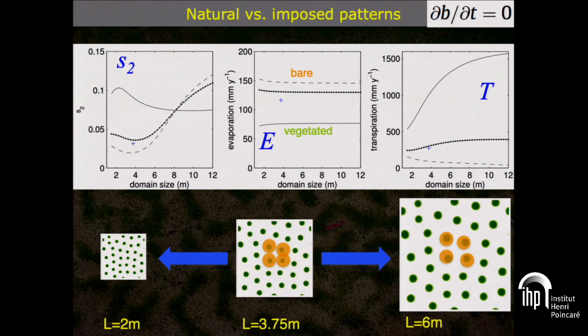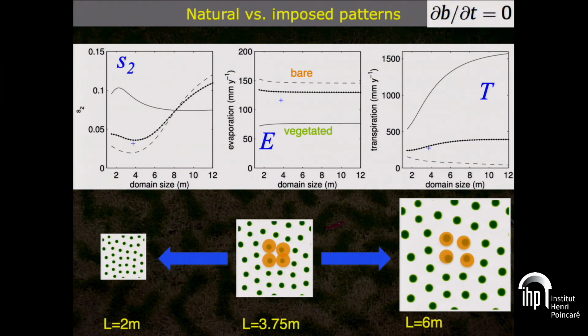So the root systems are overlapping. It's easier to see it for the root system, but it's also true for overland flow. Here instead, they have a larger bare area around them, so a larger reservoir. So it's obvious that they may be able to draw more water, and so transpiration per patch may actually be higher.